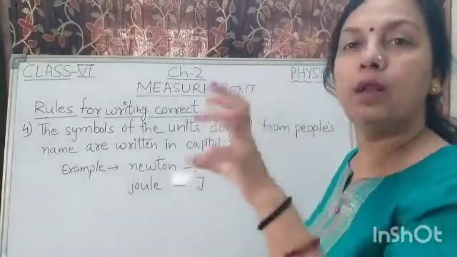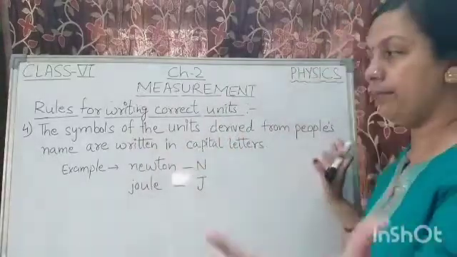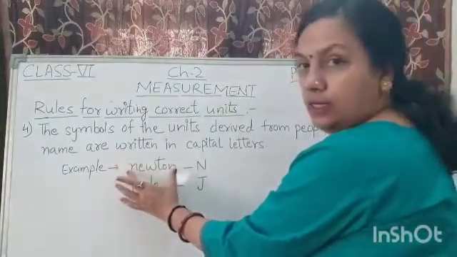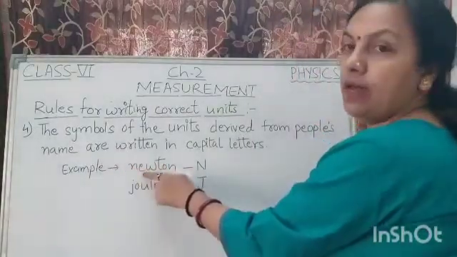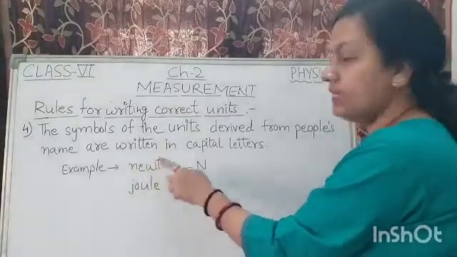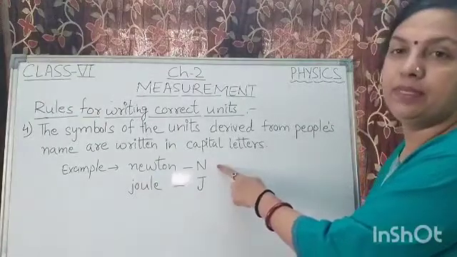So the symbols of the units derived from people's names are written in capital letters. For example, newton. This is named after the scientist Newton. So the unit will be written in lowercase, but the symbol will be a capital letter, that is capital N.